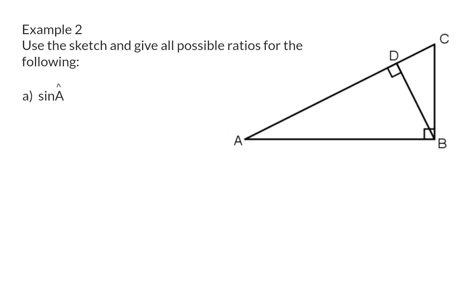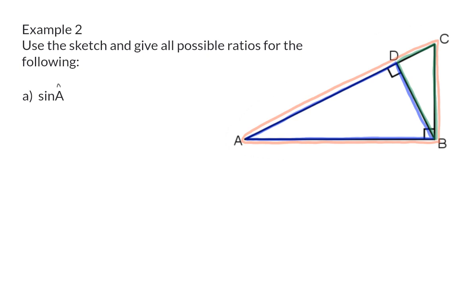Example 2. Use the sketch and give all possible ratios for the following. If you have a look at the sketch, you will see that there are three different right-angled triangles, and each of those can supply you with a possible ratio. The opposite and adjacent sides, of course, will once again be determined from which angle we are working.